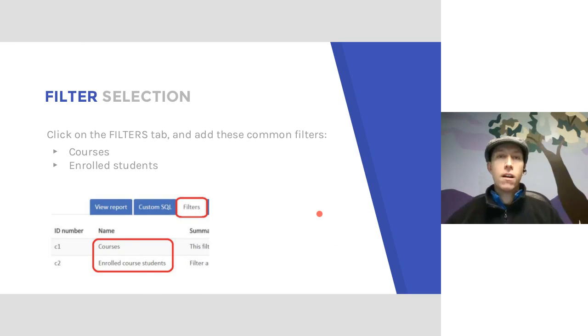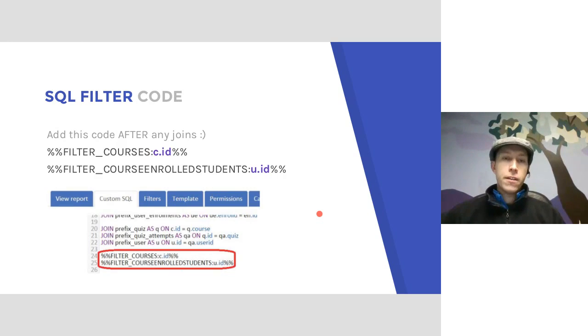So here are a couple common types of filters: filtering by courses and enrolled students. What I do want to say about filters before I continue is that while I've shared these common filters, getting the language we need for this next page is something I struggled a little bit with finding.